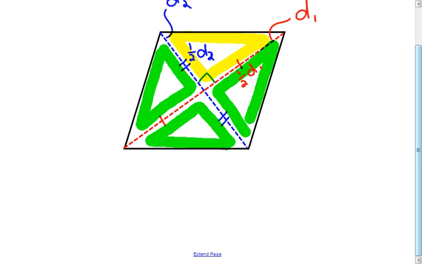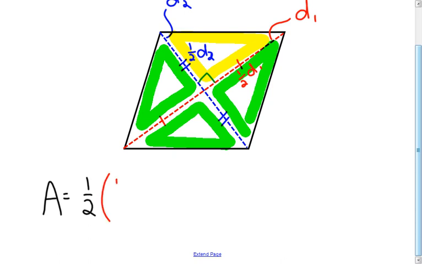I should be able to find the area of that yellow triangle. So for my rhombus, I'm going to do area equals, and I'm going to find the area of one of those triangles, so 1/2 times the base, and being my blue segment and my red segment are perpendicular, it really doesn't matter which one I pick for the base. So I'm going to pick the red one as the base.